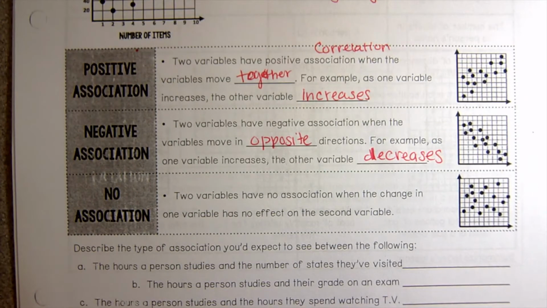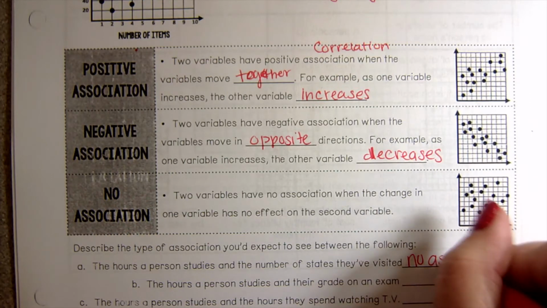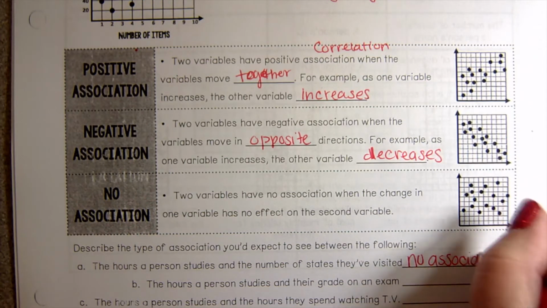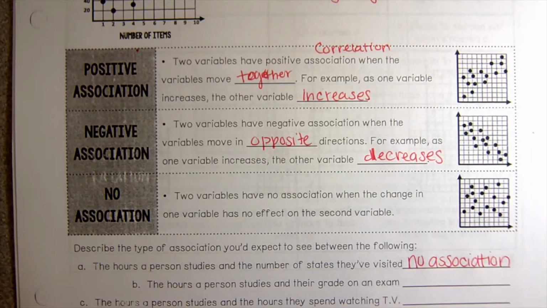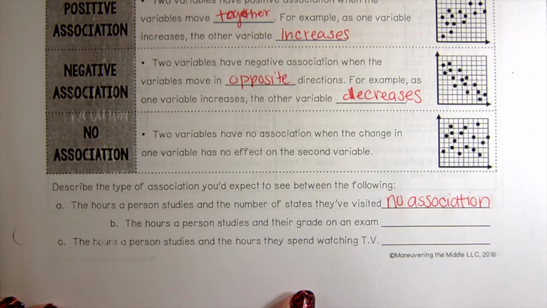Describe the type of association you'd expect to see between the following: the hours a person studies and the number of states they've visited. Would that be positive, negative, or no? There would be no association or no correlation there. What about the hours a person studies and their grade on an exam?